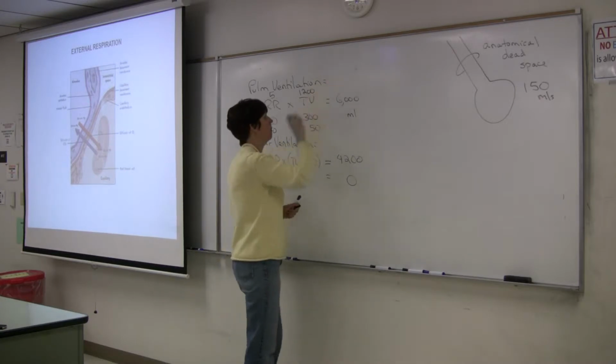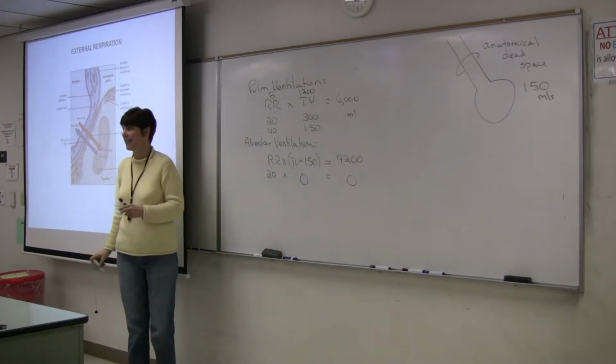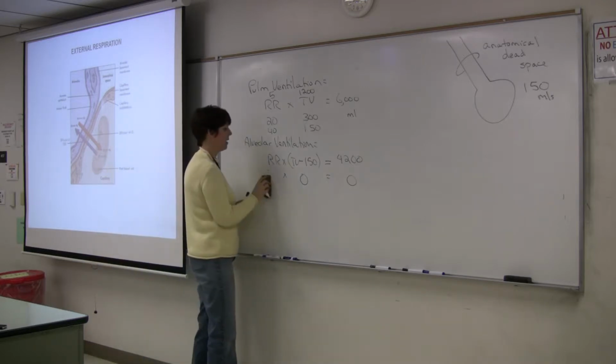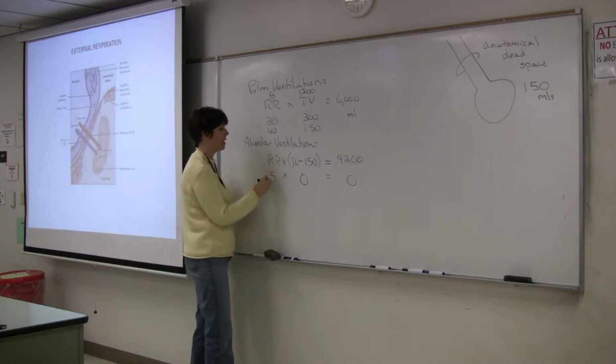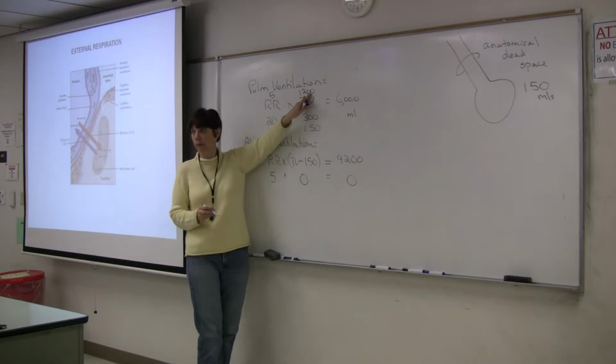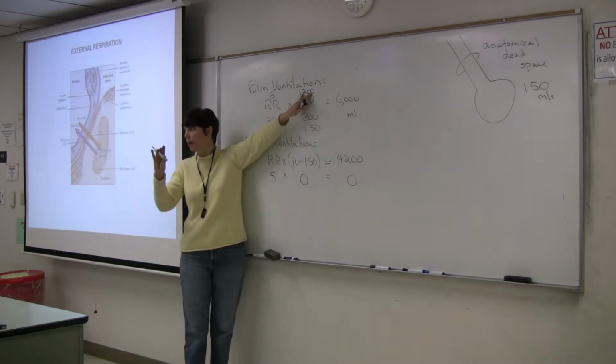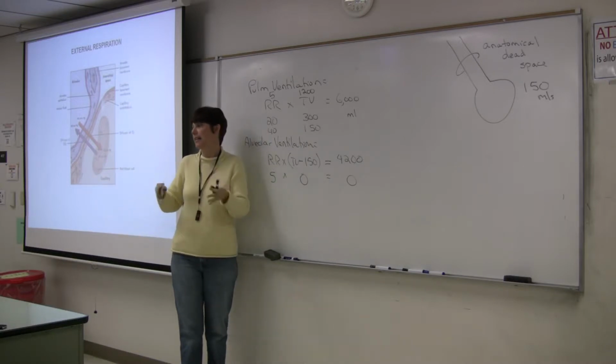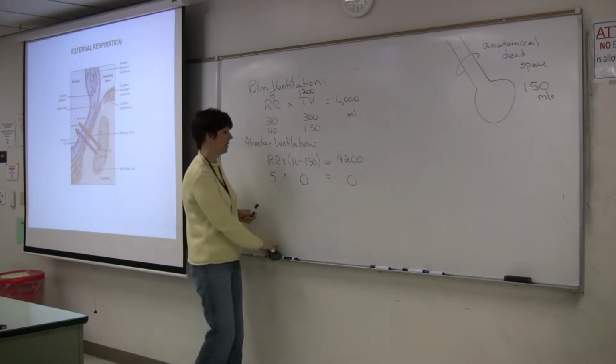And we still have a pulmonary ventilation rate of 6,000. Okay? Decrease respiratory rate to 5. Now notice when we subtract 150 from 1,200, it's a smaller proportion of that overall volume of gas. Therefore, a greater amount of each breath is actually getting down into the lungs.